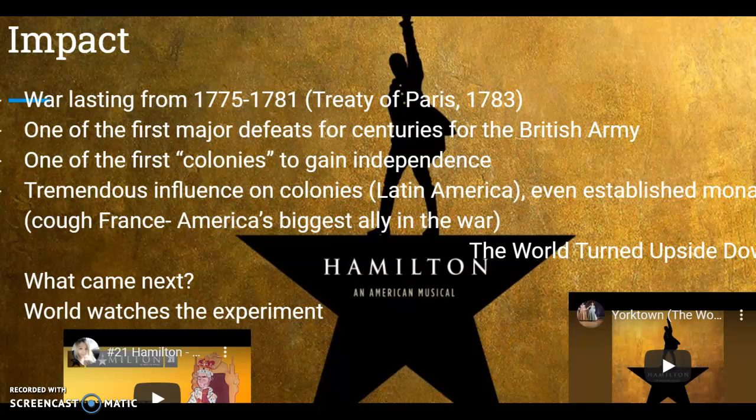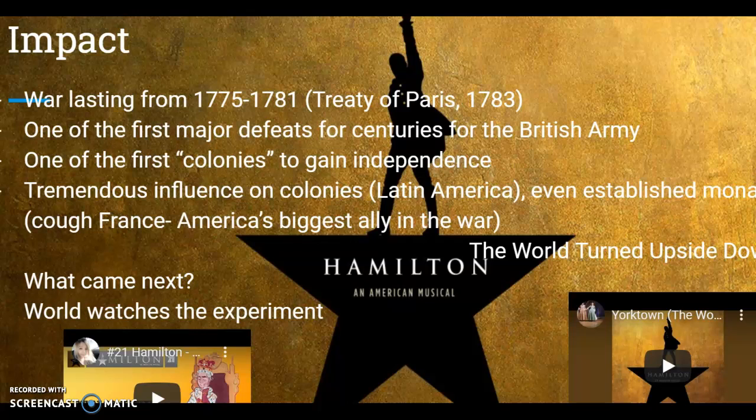And one of the reasons they say that is because it really did have a tremendous impact on the world in terms of us being one of the first colonies to gain our independence. It was one of the first major defeats for the seemingly unbeatable British Army and Navy, and it had tremendous influence on colonies like Latin America, who would almost all get their independence in the years following, in the 1800s and so forth.